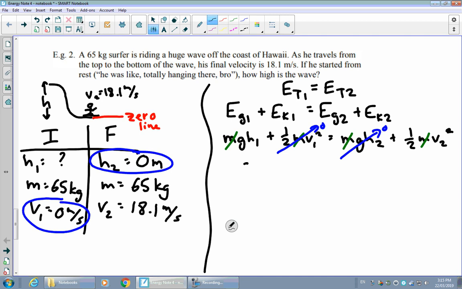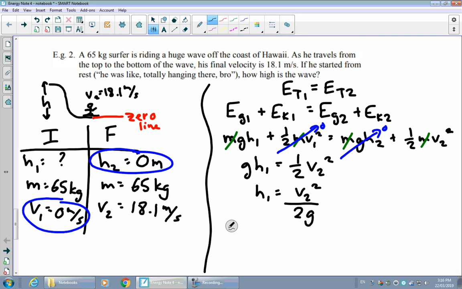We have g times h1 is equal to 1/2 times v2 squared. h1 is what I'm actually trying to solve for, so I just actually need to divide both sides by g. So there's a couple different ways you could write this, but I'm just going to write it as h1 is equal to v2 squared over 2 times g.